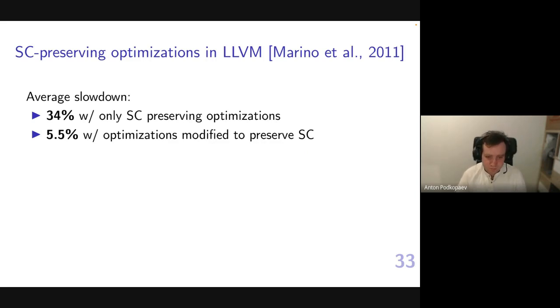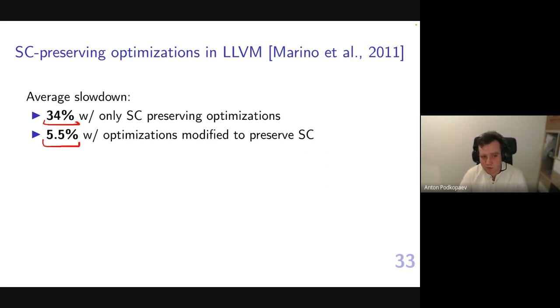And if you do that, you may end up with a 5.5% slowdown on big benchmarks. If you just turn off LLVM optimizations, which break sequential consistency, then you'll get much more slowdown.